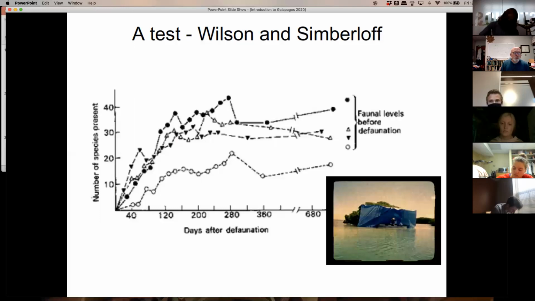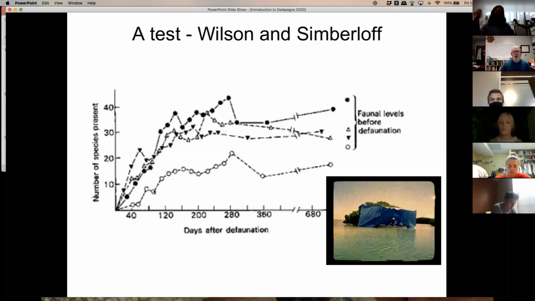E.O. Wilson and Robert MacArthur published this idea, and then a guy named Dan Simberloff went to Wilson and said, hey, I've got this cool idea. We can test your idea by going to mangrove islands off the coast of Florida, putting a big plastic dome around them, and then gassing them with insecticides, killing all of the insects on the island, and then watch and see how these islands repopulate with the insect fauna.